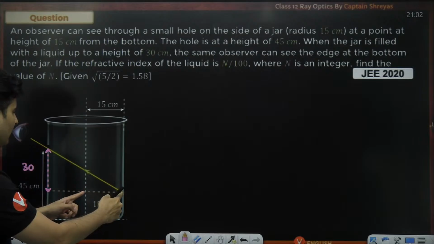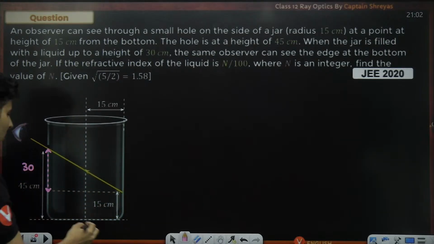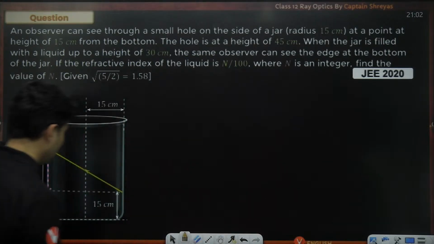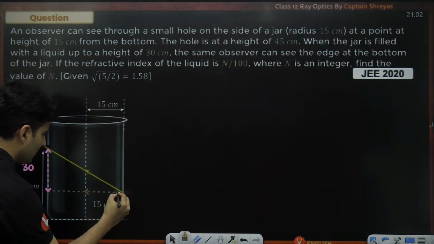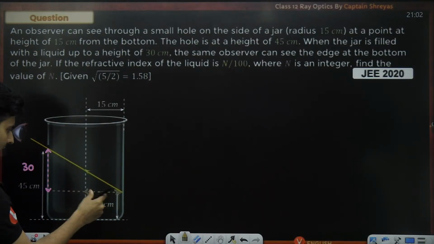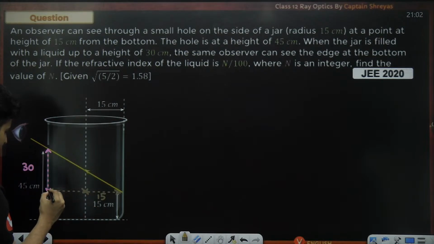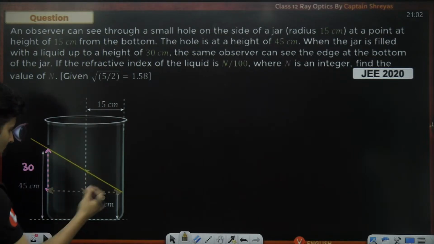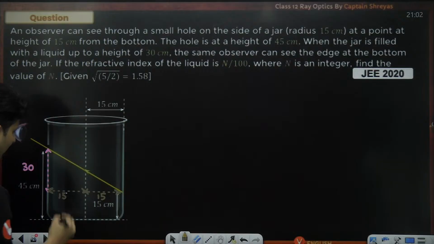And this is 15, this is also 15. So that also tells one more thing. If this much is also 15, not just the height, even the width, which is the radius of that cylinder or the container, is also going to be 15.